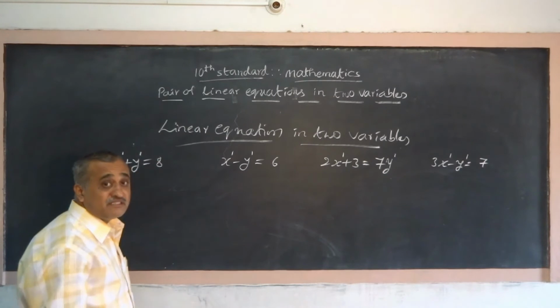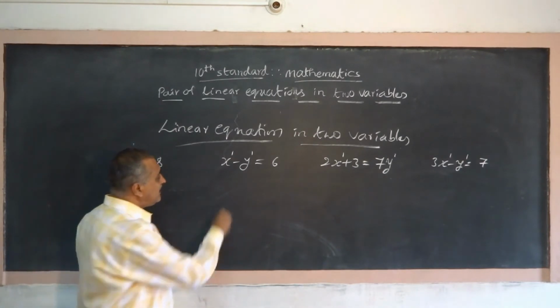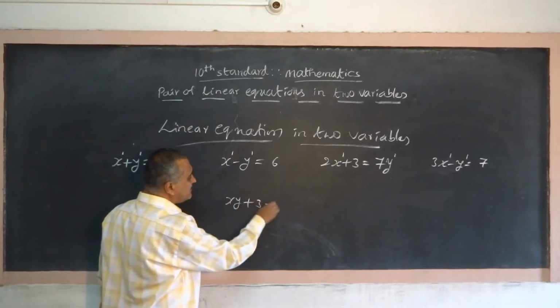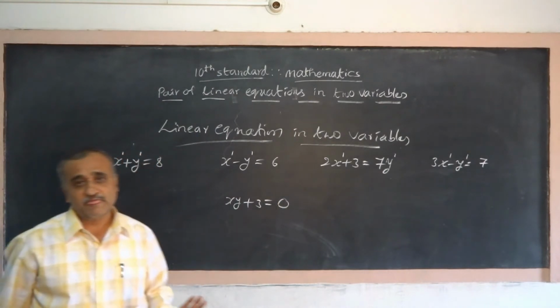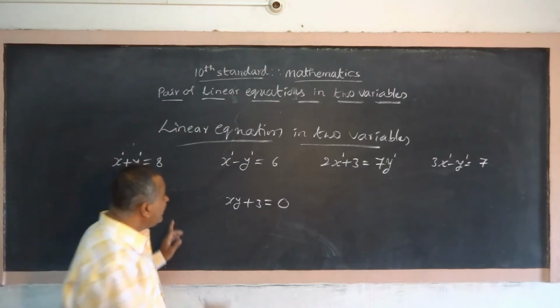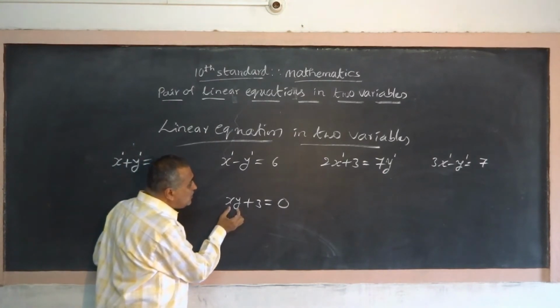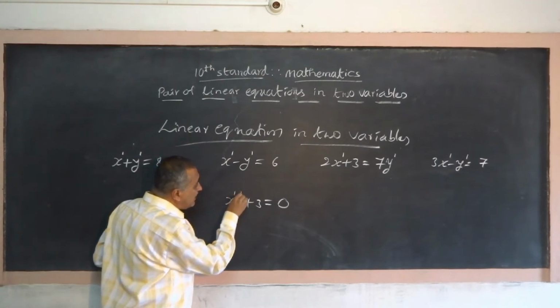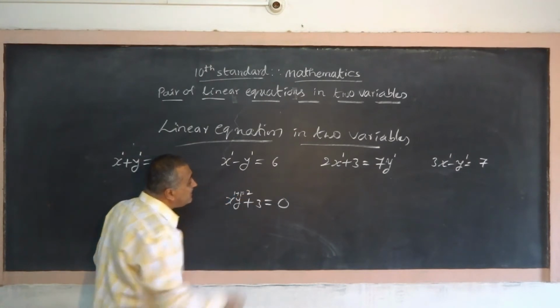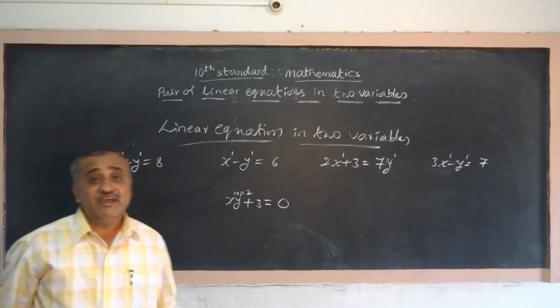In the previous examples I said that if we write xy plus 3 equals 0, it is not a linear equation. If multiplication exists between two variables, we consider it as 1 plus 1 and say the degree is 2.